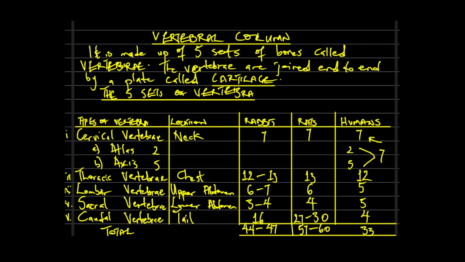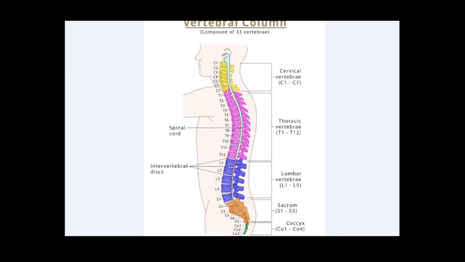That is how we have it. So in the rabbits we have a total of 44 to 47 bones, in the rats a total of 57 to 60 bones, and in humans a total of 33 bones.